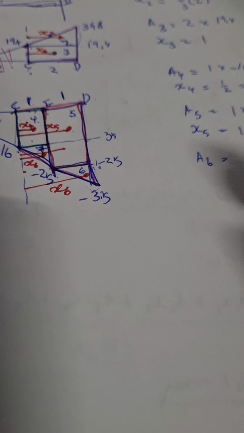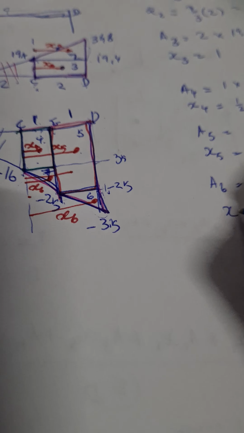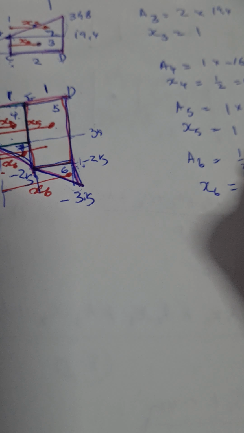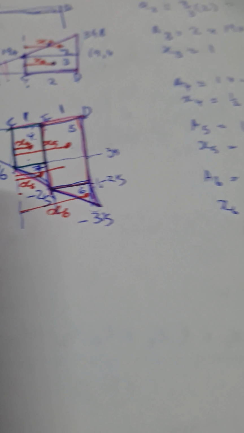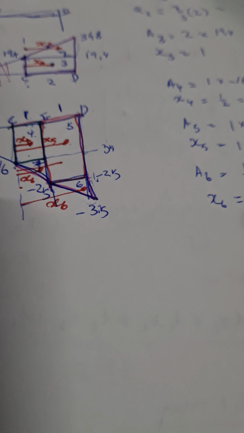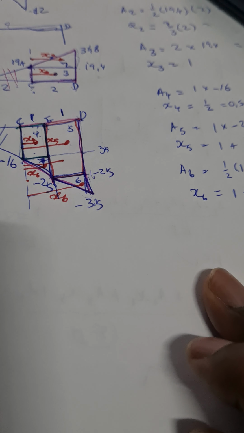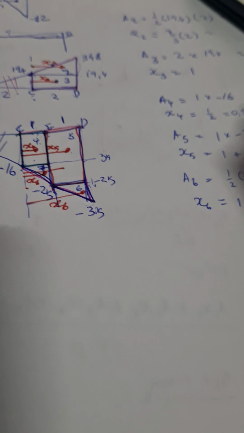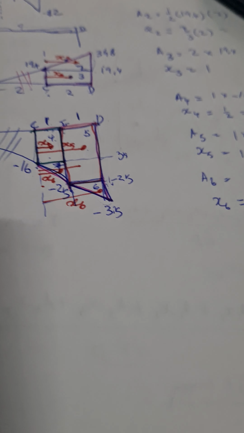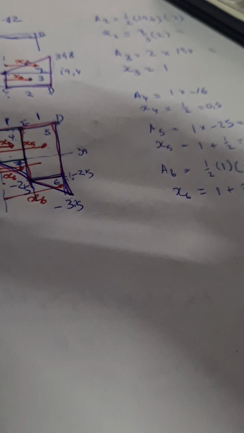Right? And then x6 is equal to what? From here to here it's what? 1 plus 2 over 3 times 1, because this is a right angle triangle. Right? Then you have your equal, and so on.